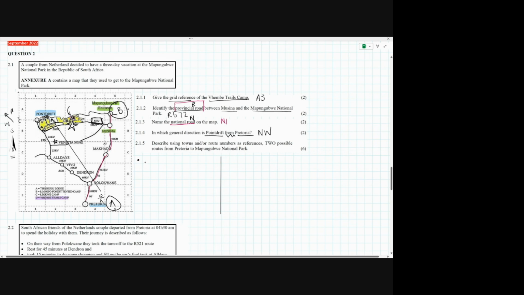From Pretoria, you would take the N1. Okay. And go through Polokwane. Good. And go, I don't know how you say this, the second one. This one here, Mikado.